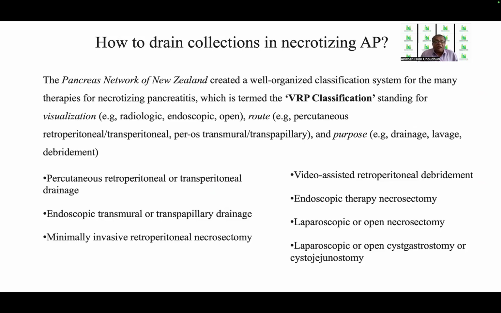Accordingly, we have the nomenclature for a lot of these procedures which aim to collect the acute necrotic material before the wall of necrosis is formed. These are percutaneous, retroperitoneal or transperitoneal drainage, endoscopic transmural or transpapillary drainage, minimally invasive retroperitoneal necrosectomy, etc.